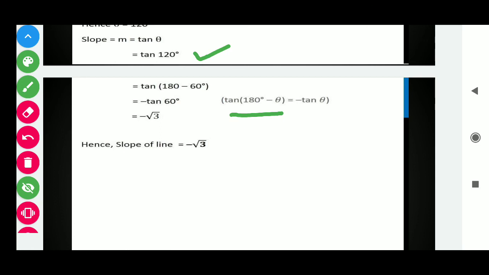So we select here theta 60 because 180 minus 60 is equivalent to 120. By solving this, we get tan 60, and tan is negative in the second quadrant, so we use the negative sign. The value of tan 60 is root 3. So in this way, we get minus root 3. Hence, the slope of the line is minus root 3.